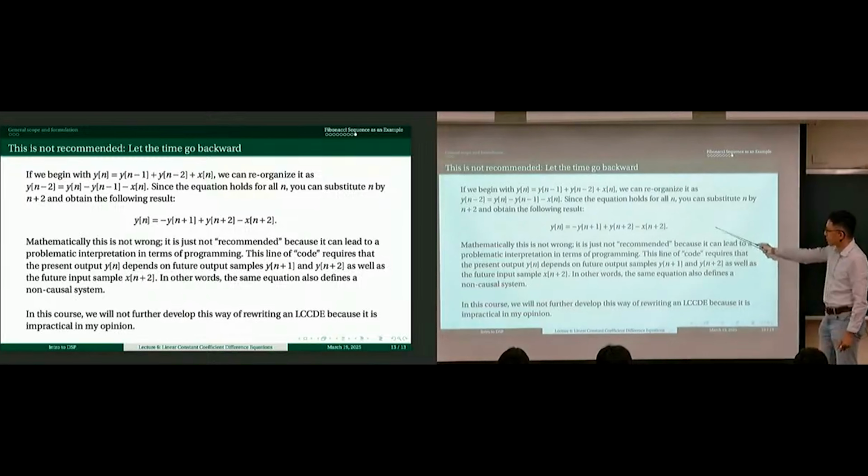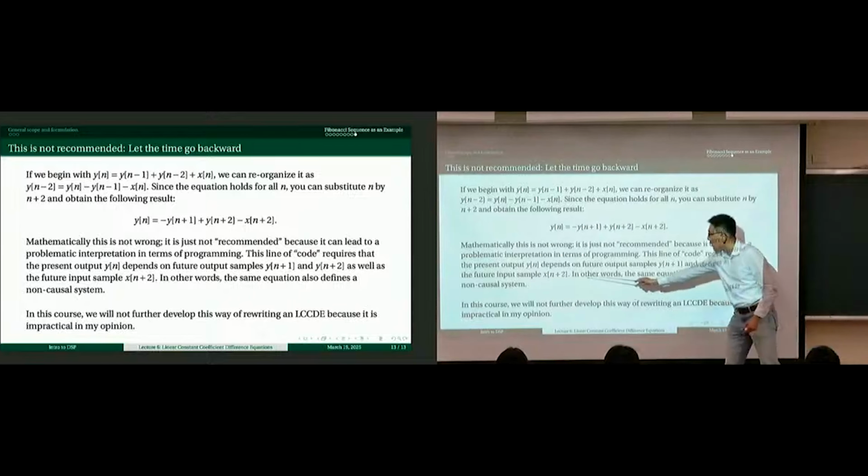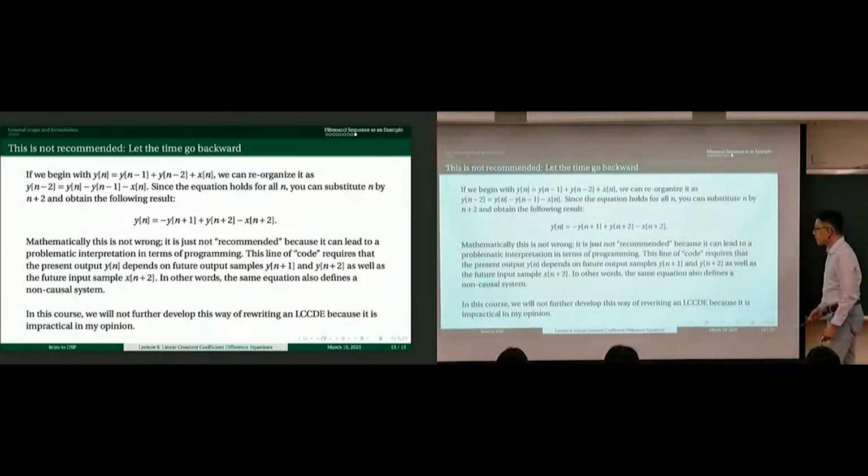Because this line cannot be implemented. The future hasn't happened yet. The code requires the present output to depend on future output samples, these two samples, as well as one future input sample. So now this system is non-causal because the present is affected by the future.